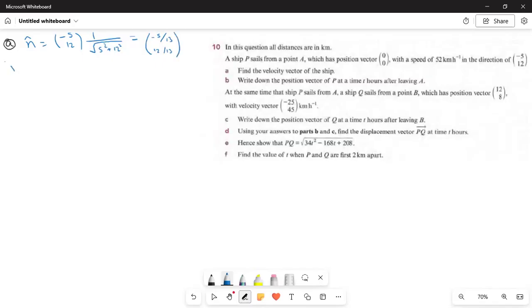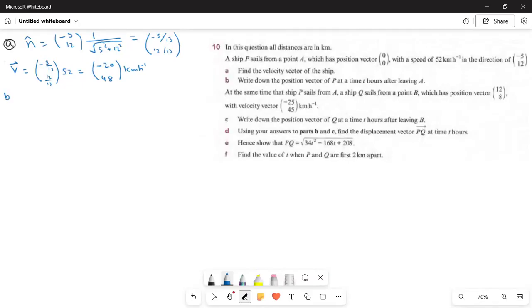Now, to find the velocity vector, we know that the magnitude of velocity is 52, so I'll multiply this by 52. (-5/13, 12/13) times 52. 52 divided by 13 is 4, so this is going to be (-20, 48) kilometers per hour. This is my velocity vector.